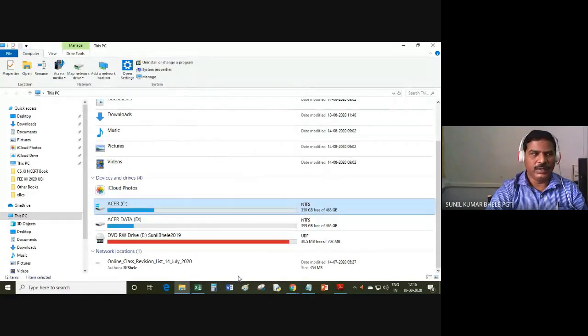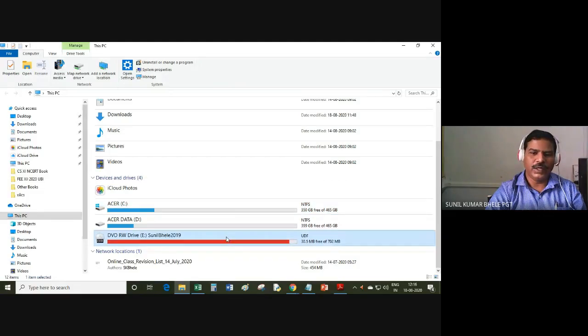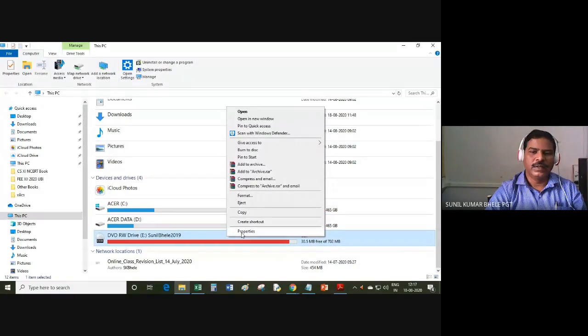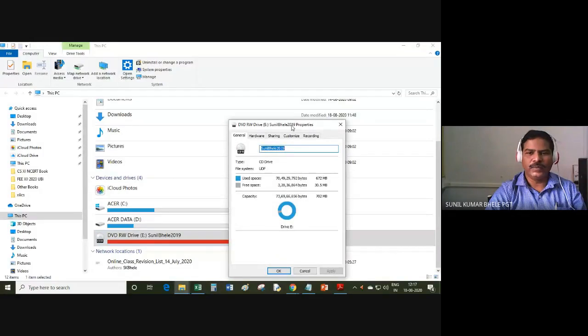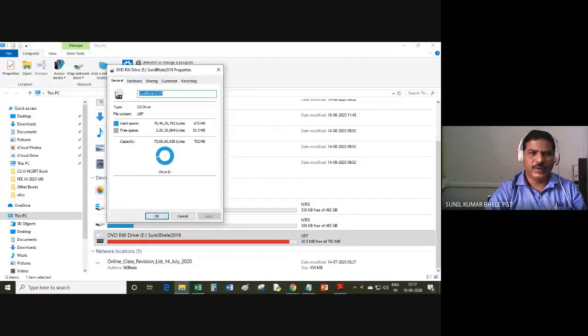You can see one DVD drive is attached, and inside the DVD drive I inserted one CD, and this CD is showing a total capacity of 702 MB. Again you can right click and select the property option. Inside the property dialog box you can see the capacity of this CD, 702 megabyte.